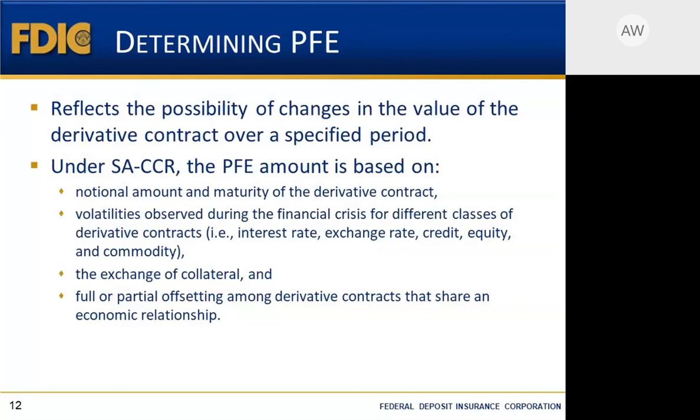Under SA-CCR, the potential future exposure amount is based on the notional amount and maturity of the derivative contract, volatilities observed during the financial crisis for different classes of derivative contracts, and here we have in mind interest rates, exchange rates, credit, equity, and commodity. It also considers the exchange of collateral, as I mentioned, where we distinguish between margined and unmargined derivatives, and full or partial offsetting among derivative contracts that share an economic relationship.